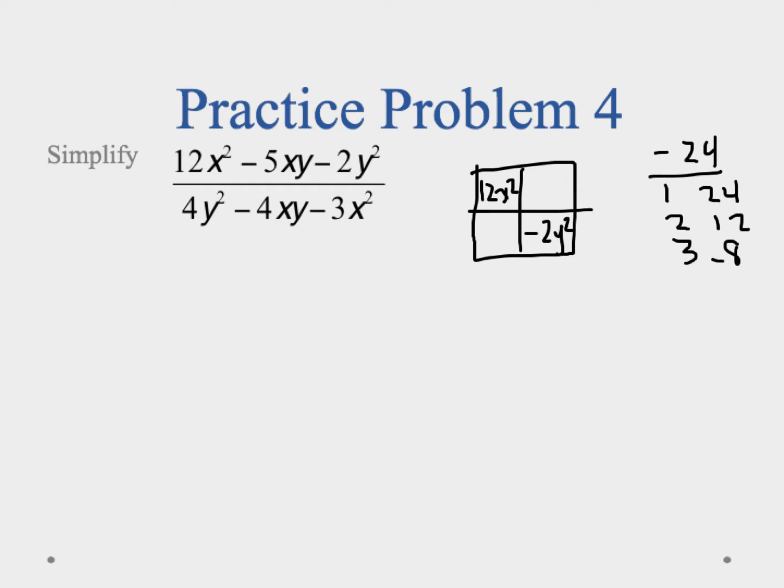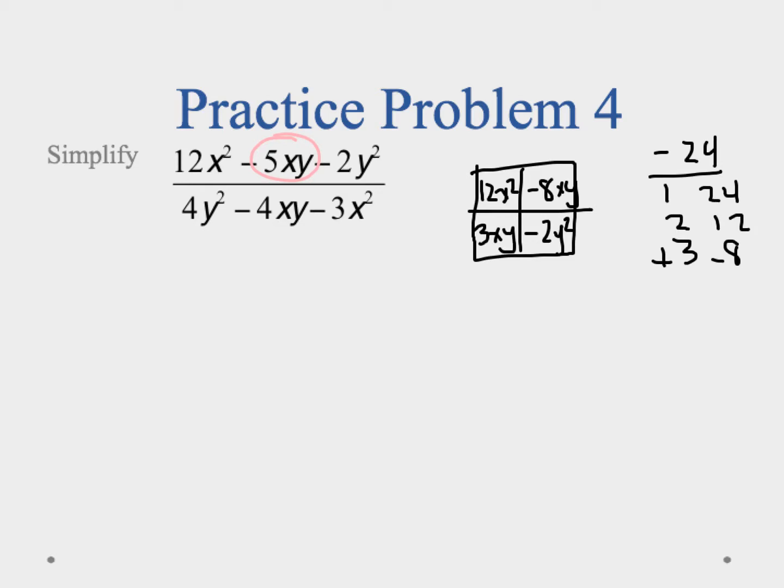So my 8 is negative, my 3 is positive. And because I have an x and a y as my variables, my middle term is going to be xy. So I have negative 8xy, and I have 3xy.